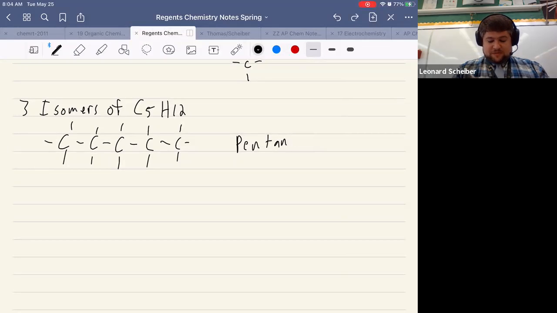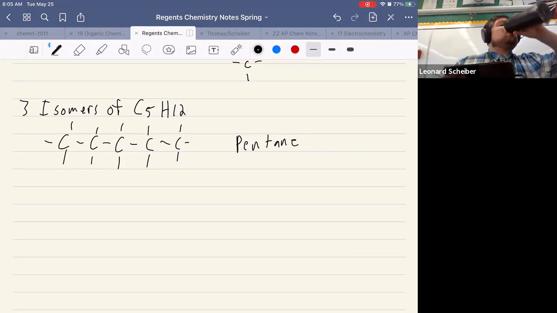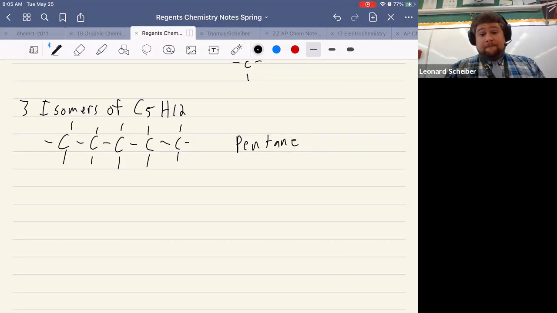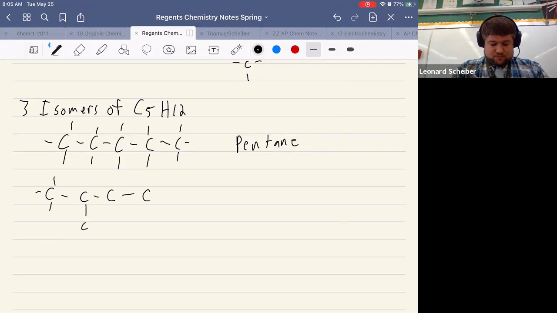The next one is 2-methylbutane. And the last one is, well, let's take a look.